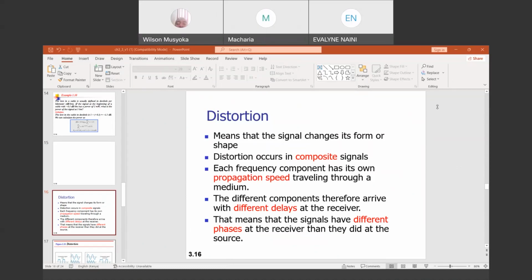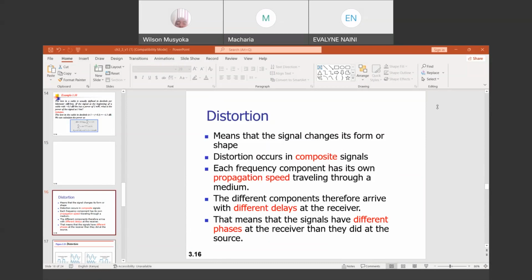And so that is where distortion can take place, whereby a composite signal is going to have various frequency components. Like if you have one signal that has many other sub signals within itself, it means that they can only be separated by having different frequencies or different amplitudes or different shifts or phases.